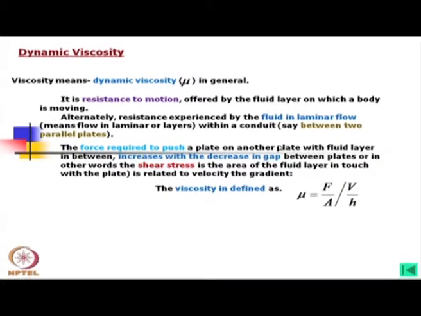Now, this viscosity is defined as mu equal to F by A divided by V by H, where F is the force, A is the area, V is the velocity and H is the gap.